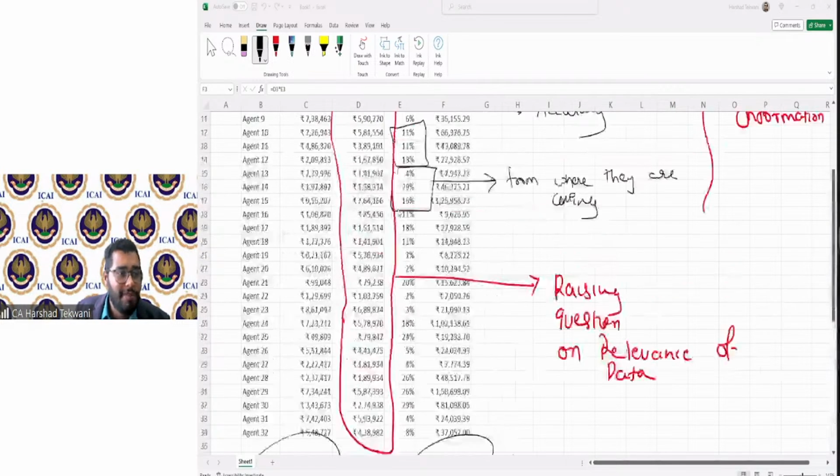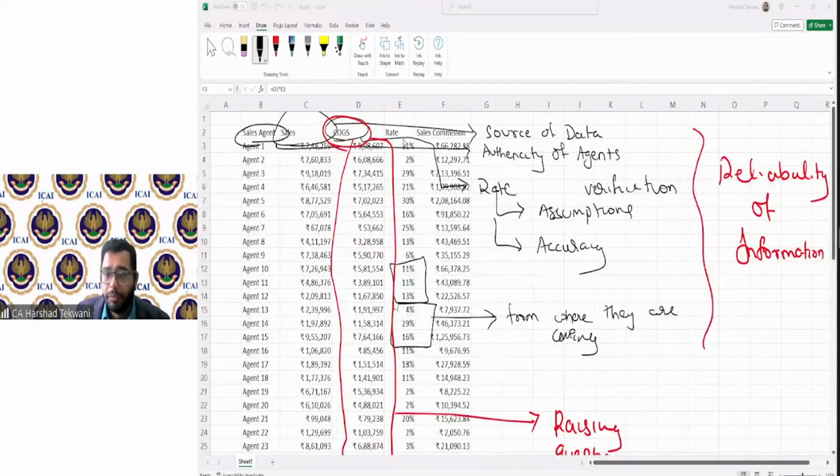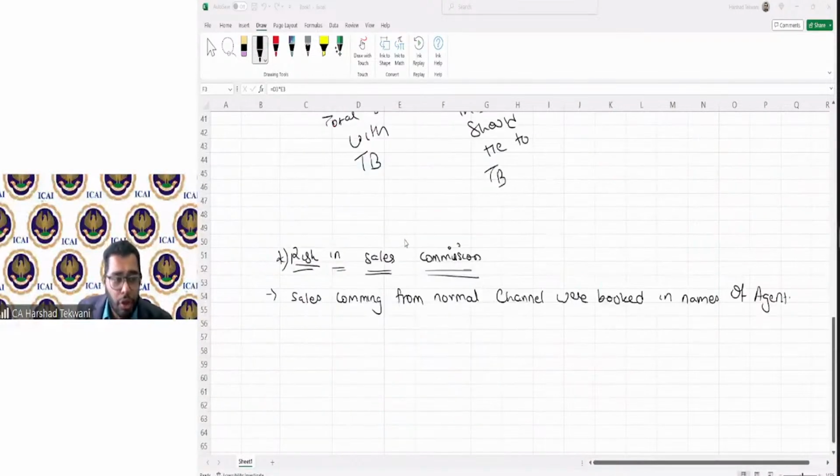Now for that, management provided me this calculation, sales agent commission wise calculation. So do you think this information is helpful for me to address this risk? I can gather some evidence for this particular risk. So do you think the working of the sales commission is somewhere helpful for me to understand whether this risk is there or not?